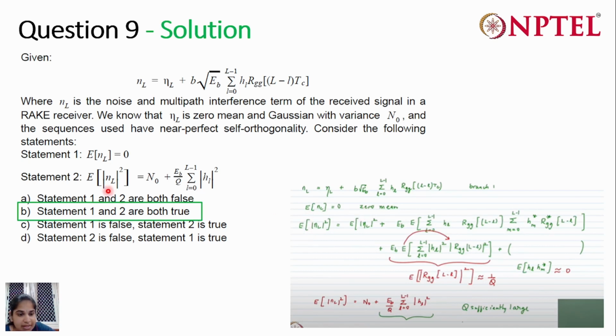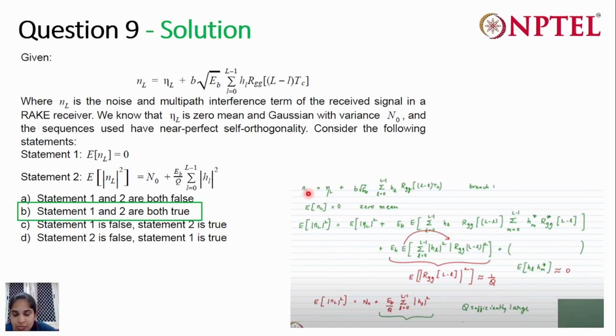Second is the variance of NL, so expectation of mod of NL square will be expectation of mod of eta L square plus expectation of mod of this term square, and then there will be some cross terms.